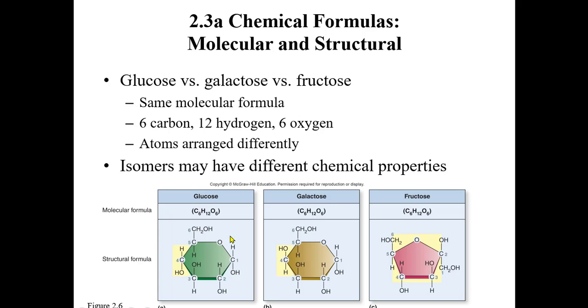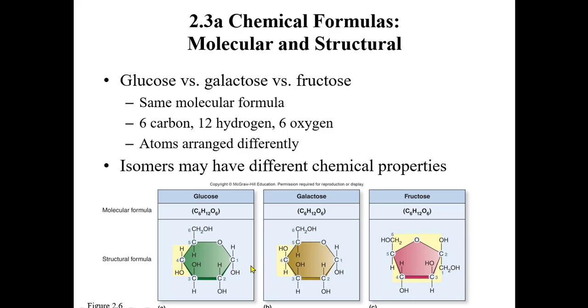So here's a good example of all of these down here at the bottom. I've got glucose, I've got galactose, and I've got fructose. Notice, same molecular formula. They all have 6 carbons, 12 hydrogens, and 6 oxygens. But because they are arranged differently, this one looks like a pentamer.